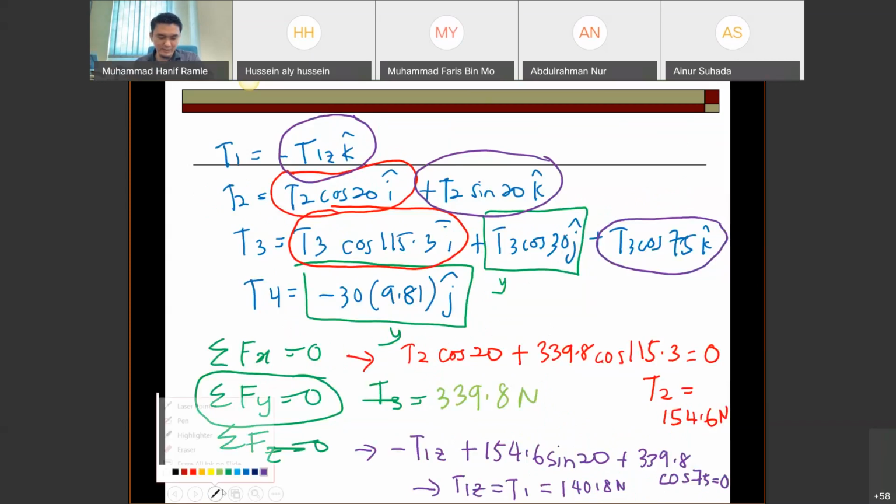Yes, correct, it should be negative. So how about the T1 value? Is it 140?